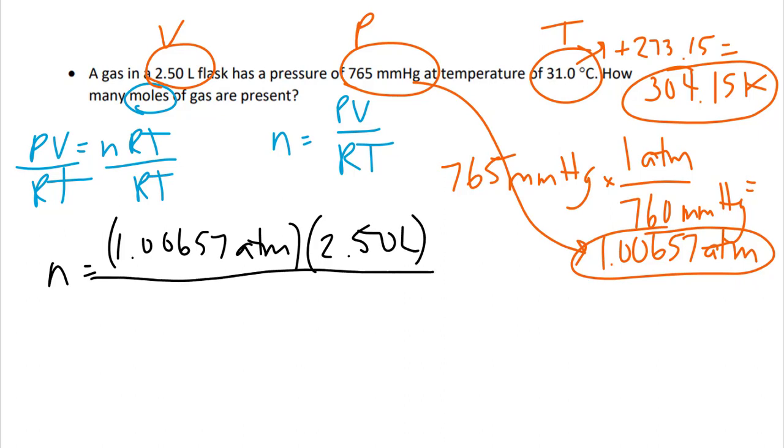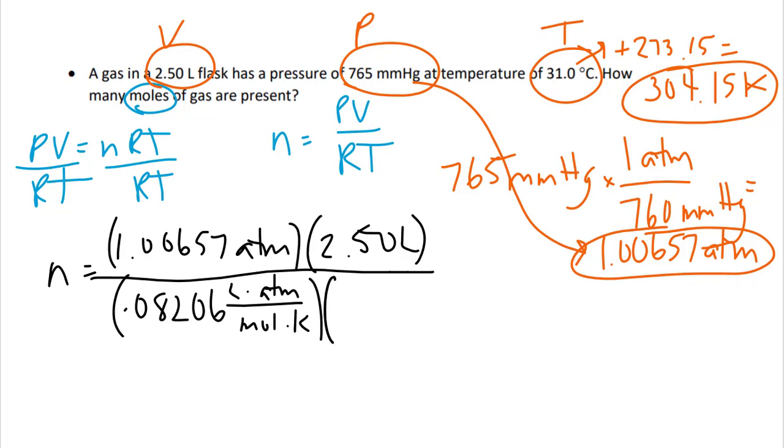So there's PV divided by R, 0.08206, which is liters atmospheres over moles Kelvin, over R times T, 304.15 Kelvin.